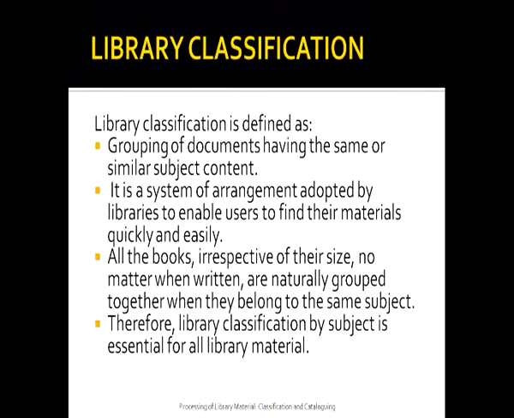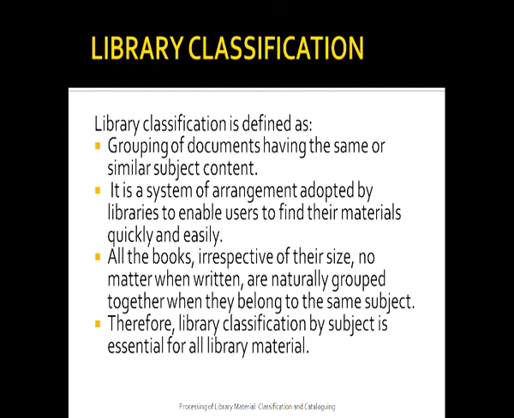Library classification has been defined by several experts in various ways. One very important definition of library classification is grouping of documents having the same or similar subject content. Library classification is also a system of arrangement adopted by libraries to enable users to find their material quickly and easily.